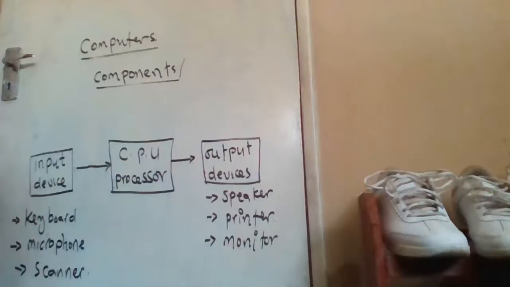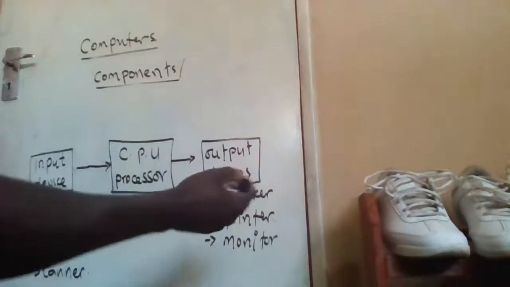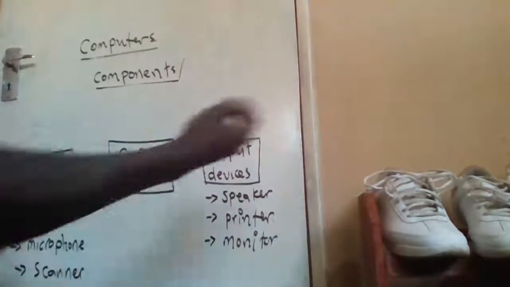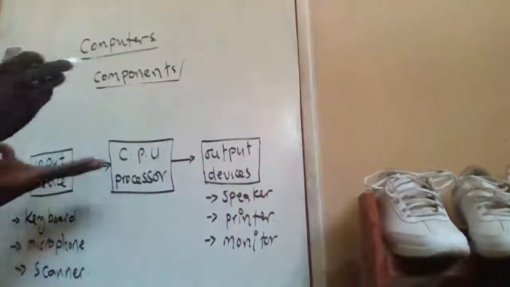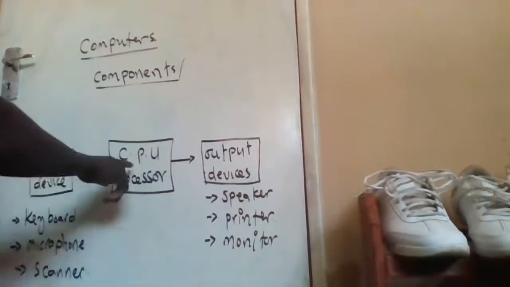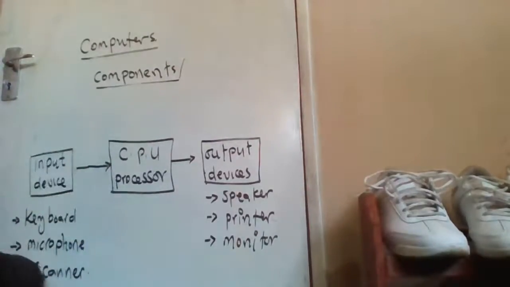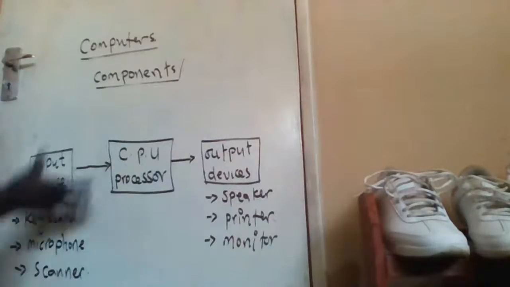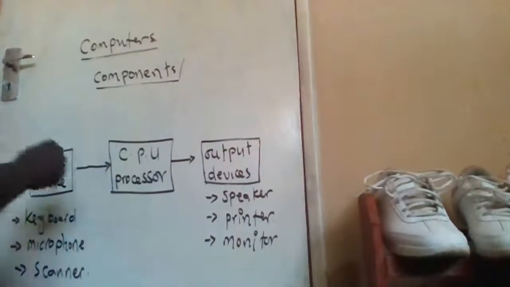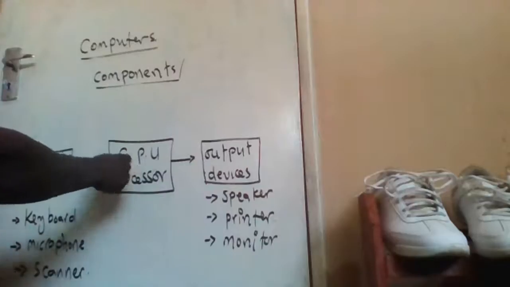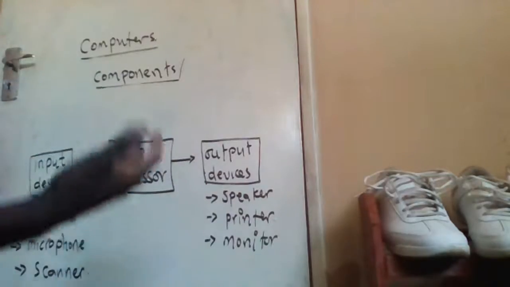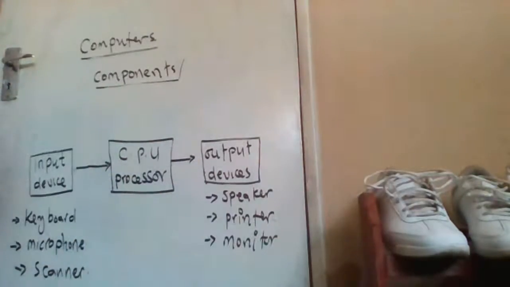If you want to scan a document, you get a document which is outside the computer, put it on the screen of the scanner, do the commanding from the computer, and then the scanner captures that image and takes it inside. If you want to store it as a PDF or an ordinary picture, it's up to you. But the bottom line is that the information comes from the outside and goes into the CPU.